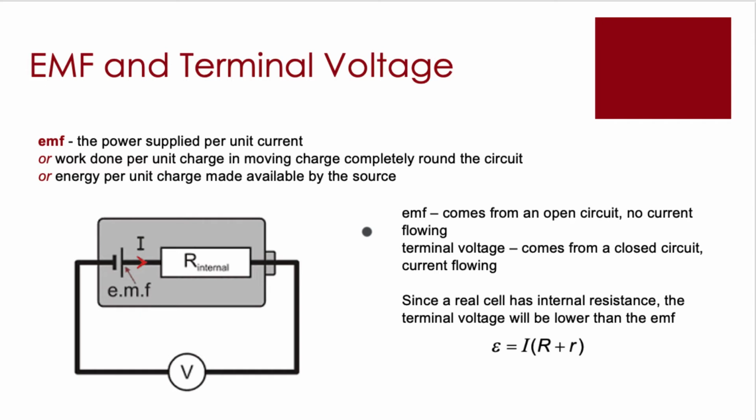EMF then would be in an open circuit, so no current flowing to the outside, but a terminal voltage would have a closed circuit, which means there's some current flowing through using some of the energy per charge, and then the rest comes out to our circuit. As I said, this video is all about real cells, so we can't assume that little r equals 0.